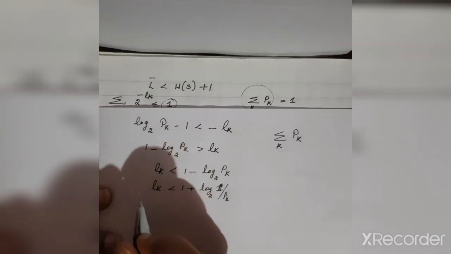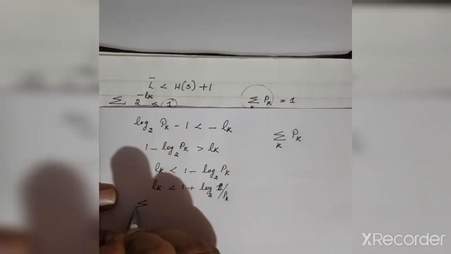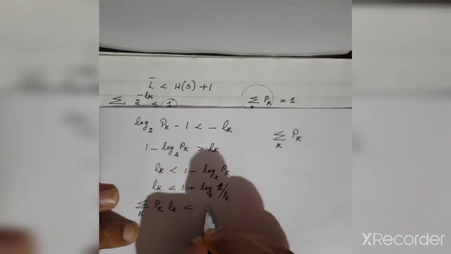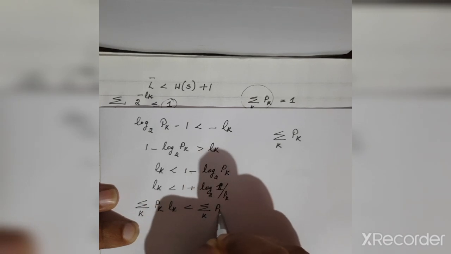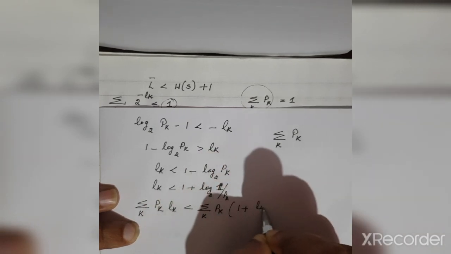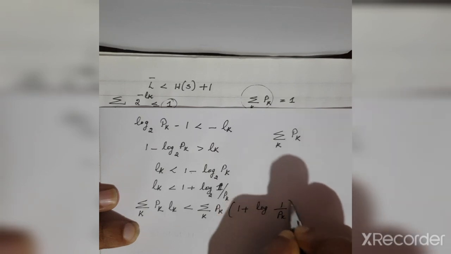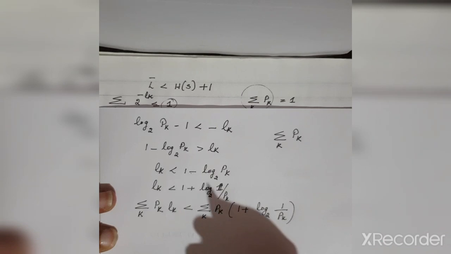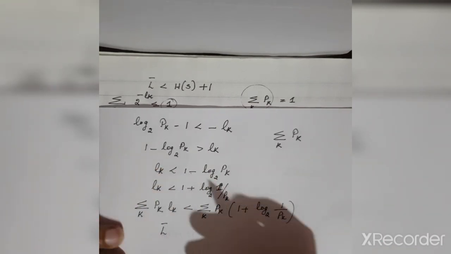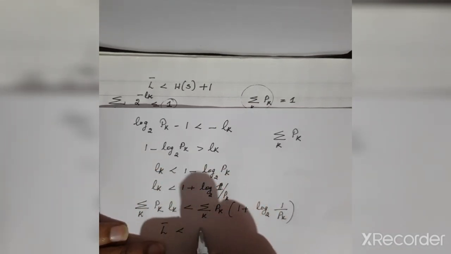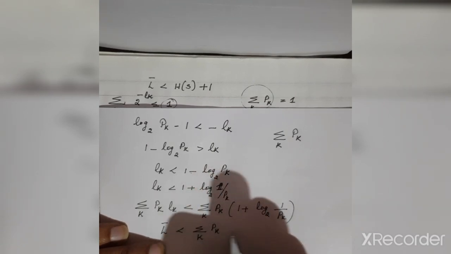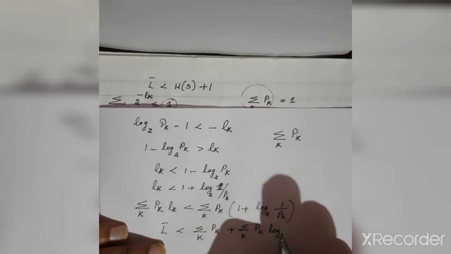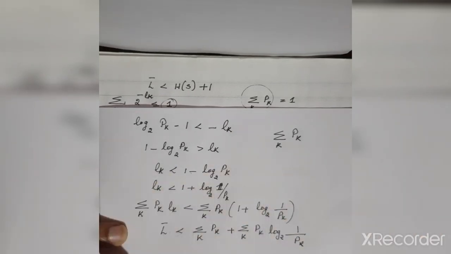Now, multiplying on both sides, this becomes the summation over k of pk lk less than the summation over k of pk into 1 plus log of 1 by pk to the base 2. Now what is the summation over k of pk lk? It is your L bar. So L bar is less than the summation over k of pk plus the summation over k of pk into log to the base 2 of 1 by pk.